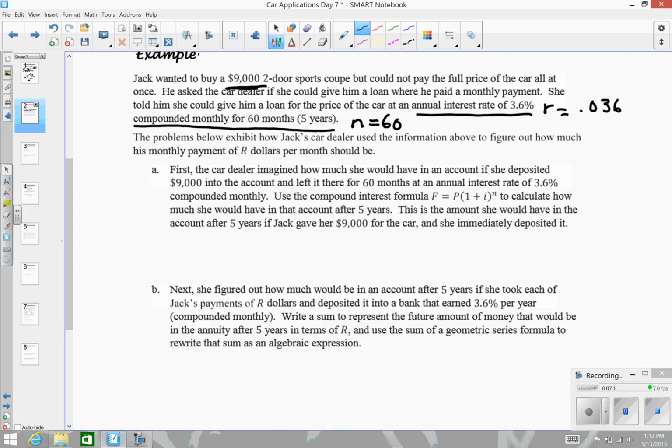If I did that, the amount of money that I would have in my bank would be the amount of money that I get when I use this, A equals P times 1 plus R over N, all to the NT power, because I'm not adding money every month, I'm just putting the 9,000 in.